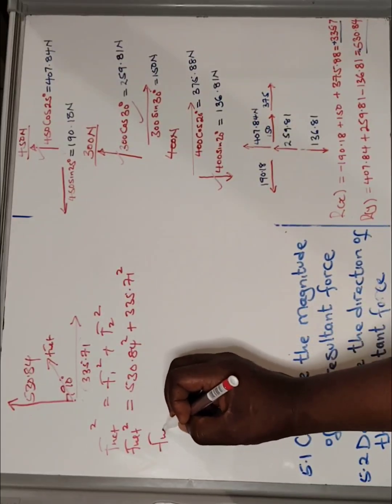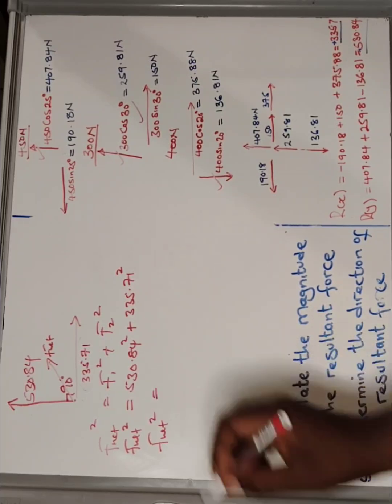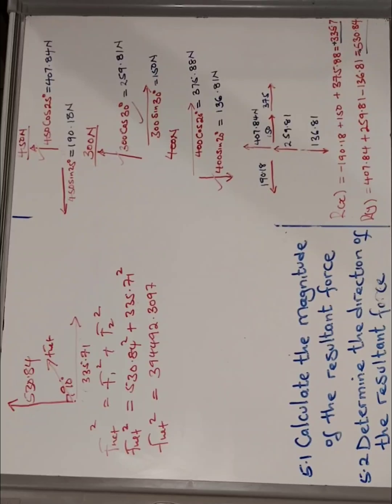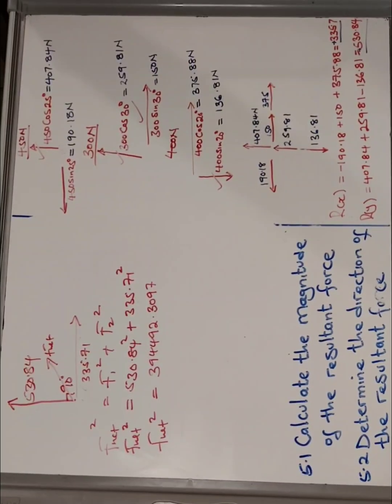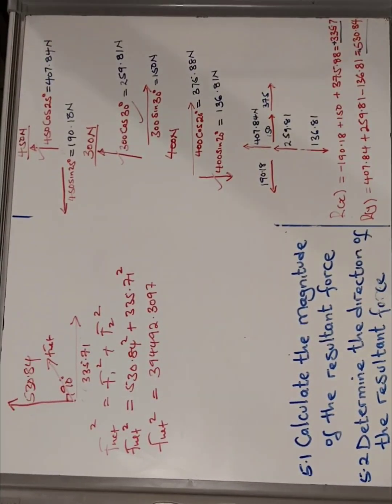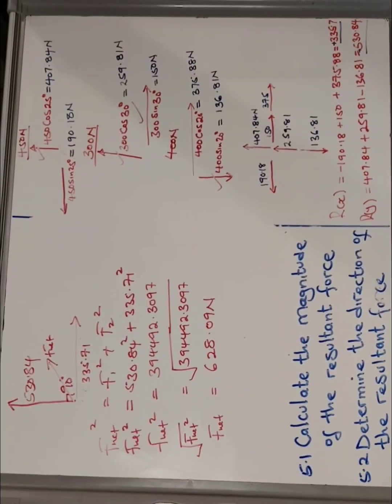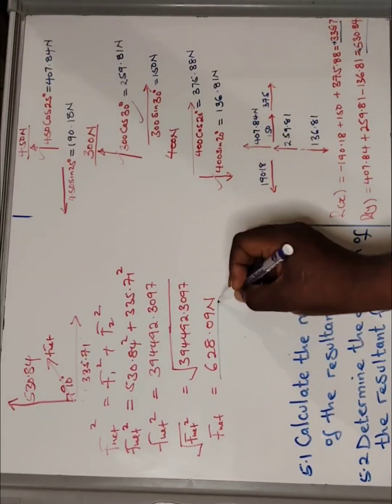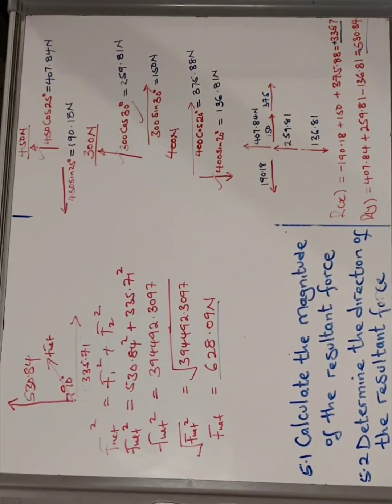So let us see what F net squared is going to be. So that's what we get. We find the square root and we find the final answer. So there we are. Our net force is 628.09 newtons.